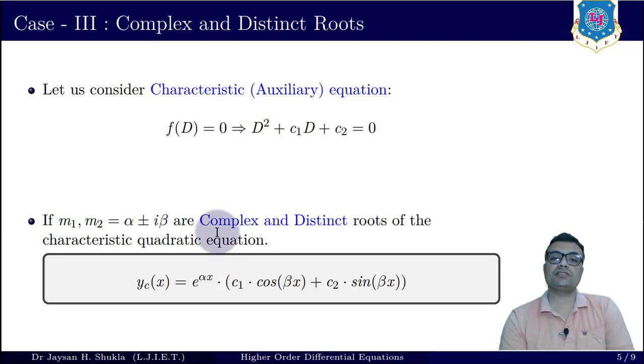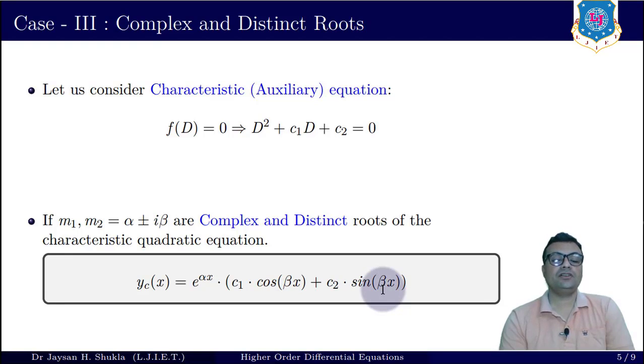Now, suppose we have only two complex roots. In that case, the complementary function will take the shape of this type: e raised to alpha x, where alpha is the real part of our complex roots, into C1 times cos beta x, where beta is the imaginary part of our complex roots, plus C2 times sine beta x.